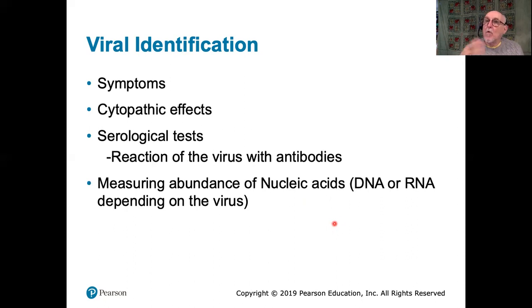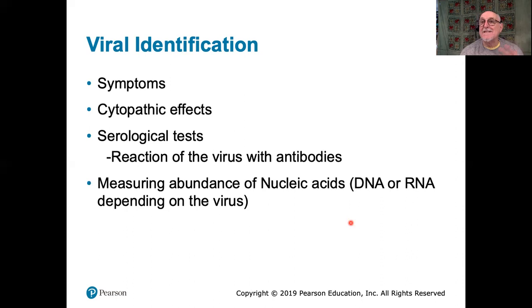This is what you've heard of for COVID, for example. The test is actually a way of measuring the presence and abundance of the COVID genome in the human body. We do the same thing with HIV and with many other viral diseases.